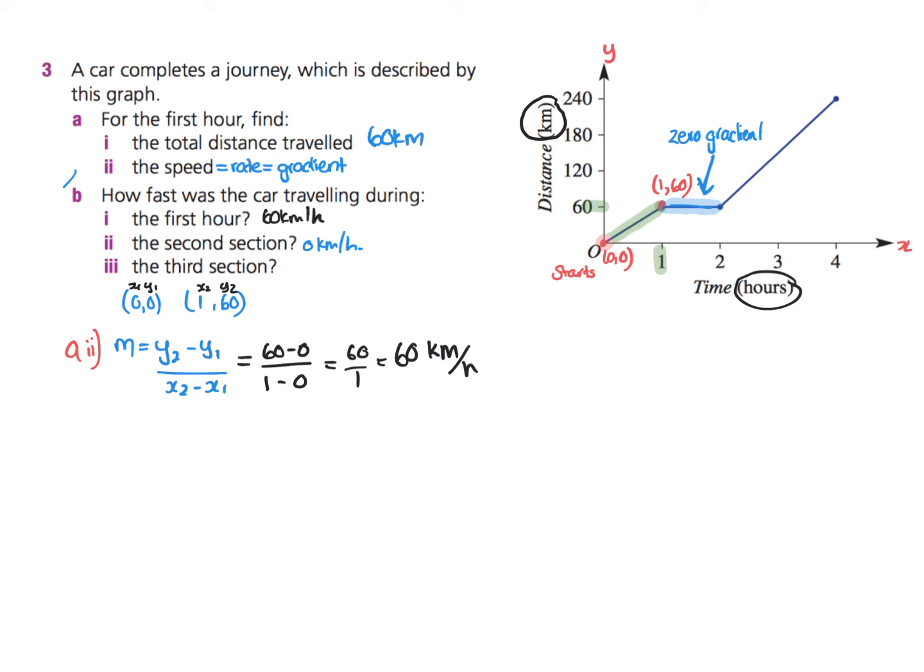Now the last one, the third section, which I'll highlight with purple. To find how fast it's going, I need the speed, and remember the speed equals the gradient.